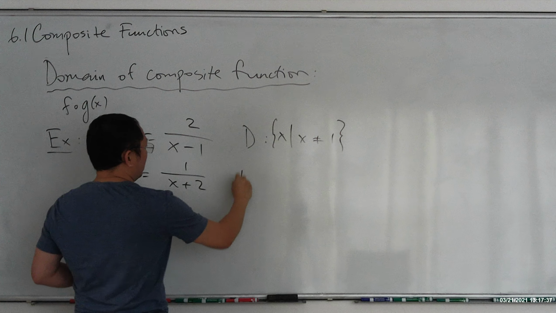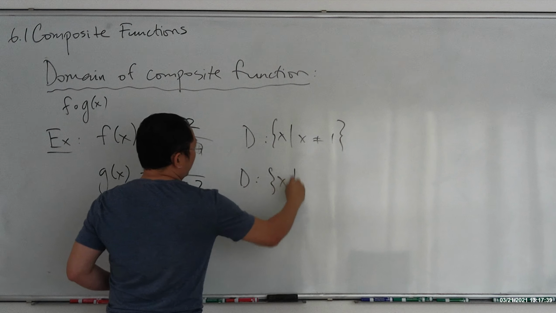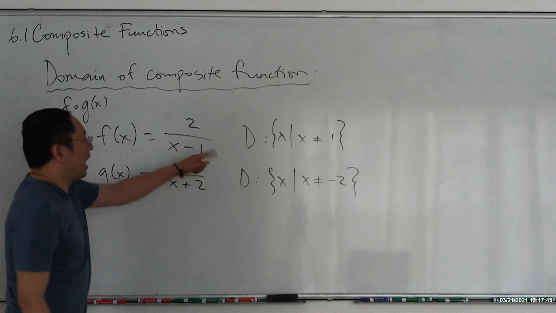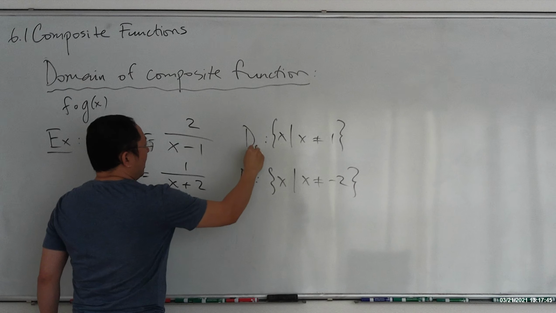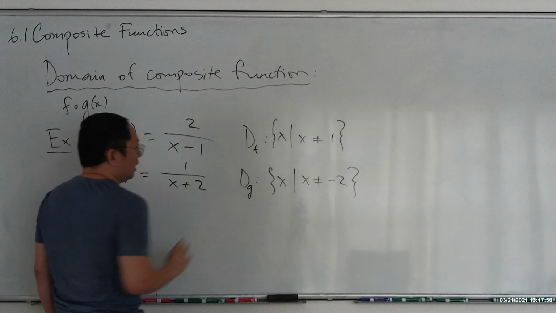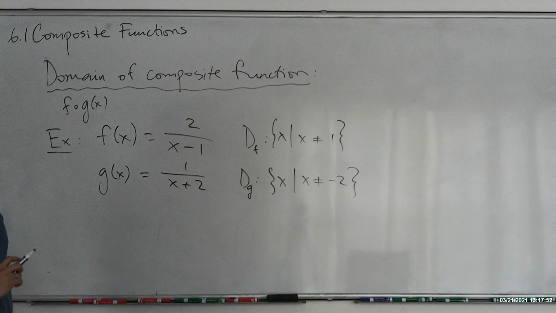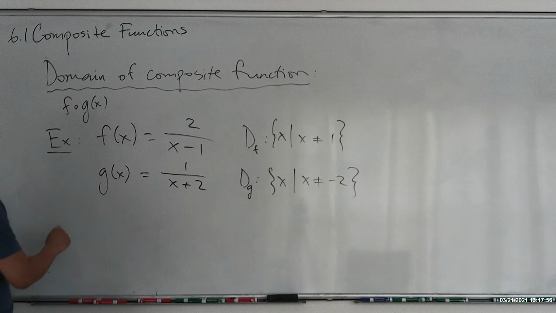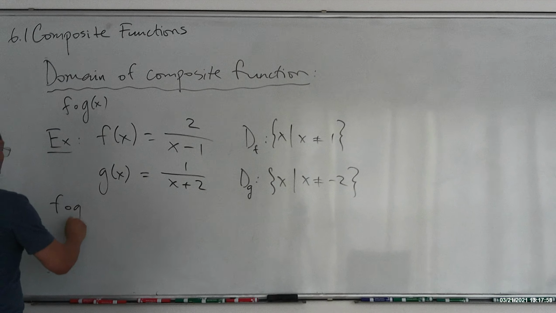The domain of g right here is all real numbers x, and x cannot be equal to negative 2. Okay? So we have 2 domains. Let me denote it by Df. The f right here stands for the domain of the function f, and this is Dg, the domain of the function g.